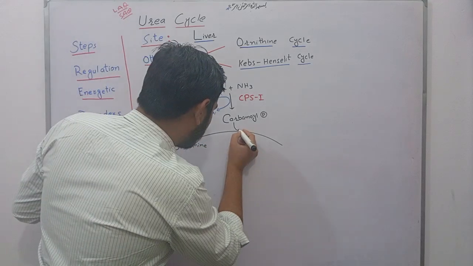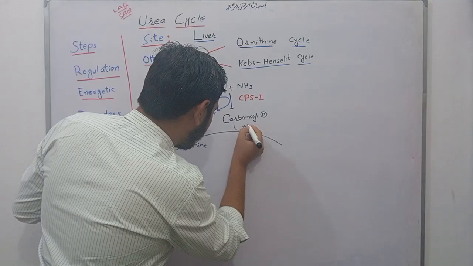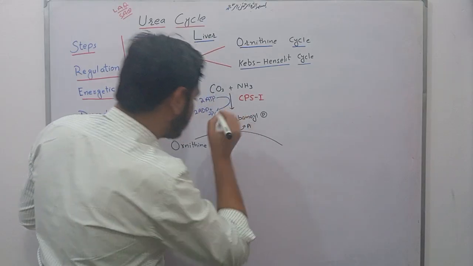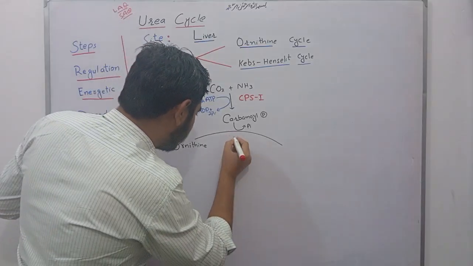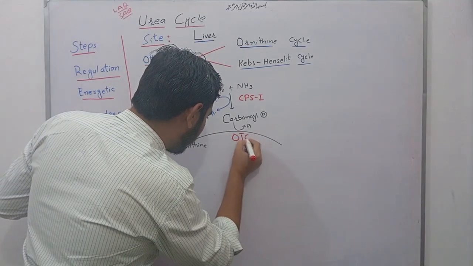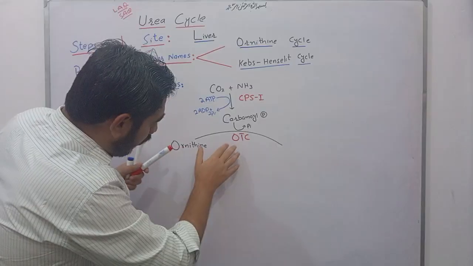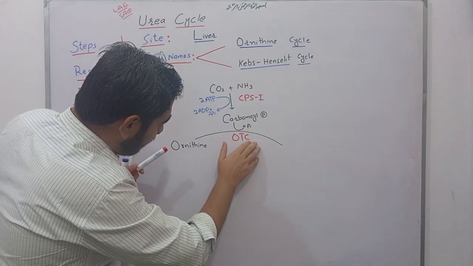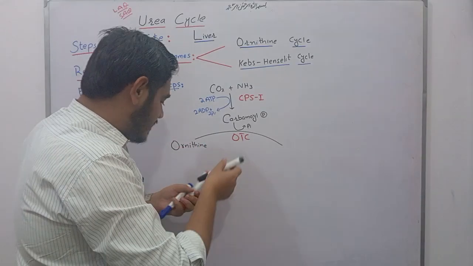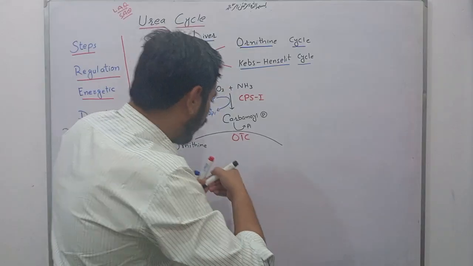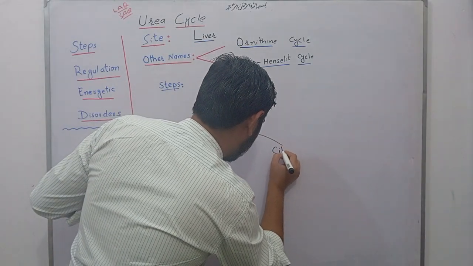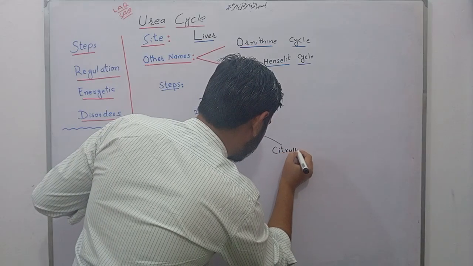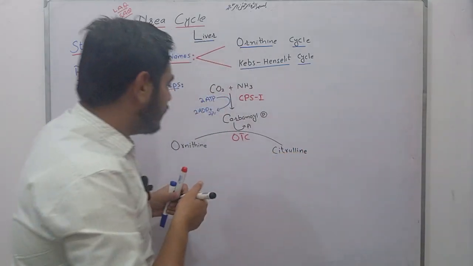Here there is also removal of inorganic phosphate, and with the help of the ornithine transcarbamylase enzyme, there is a formation of citrulline.